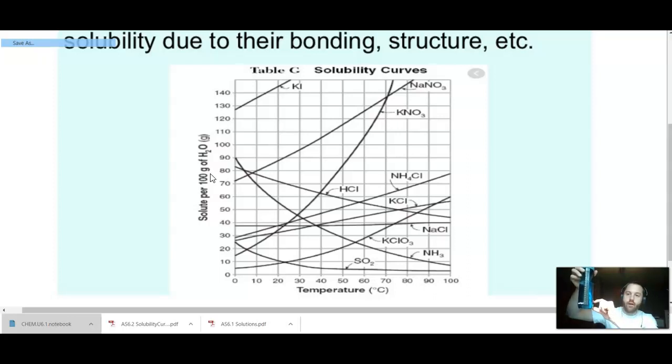Picture adding sugar in. If I only have this much water in my pitcher for Kool-Aid, I can't dissolve very much sugar. But if I add more water, I can dissolve more sugar. So in order to make these things easily comparable, they always say per 100 grams of water, which would be 100 milliliters. Picture it as being about that much of my water bottle.